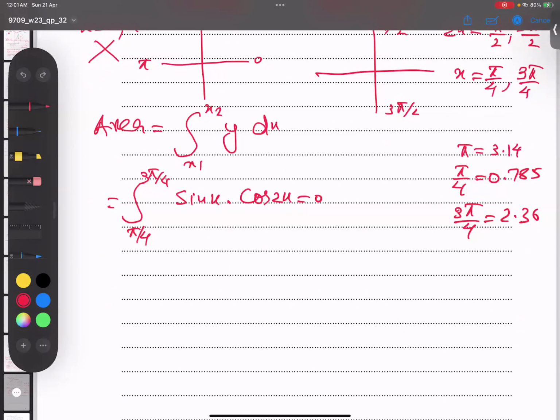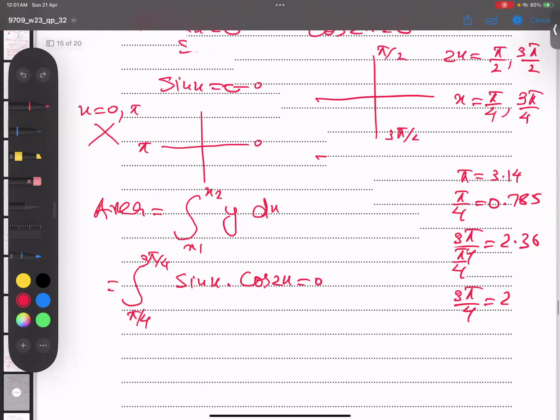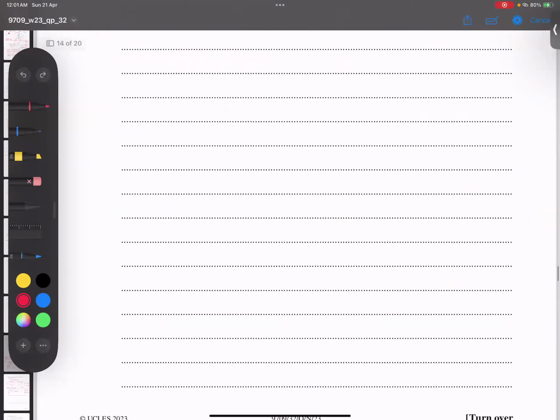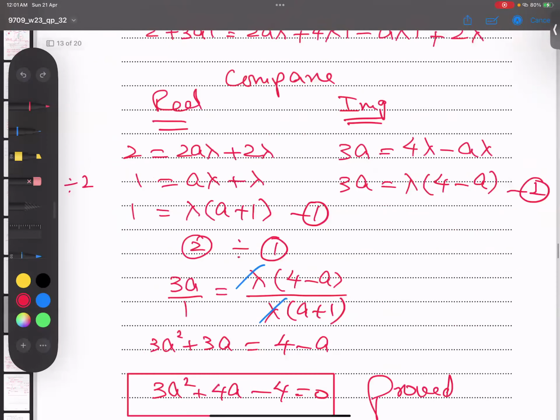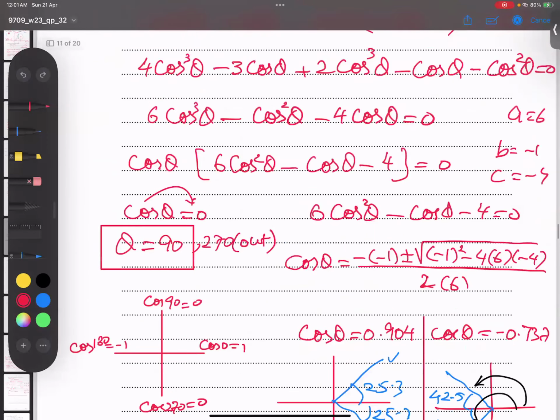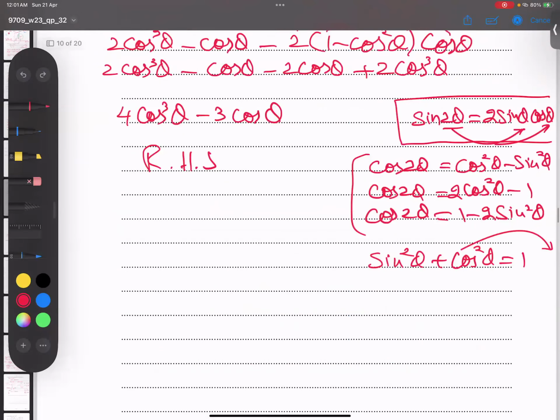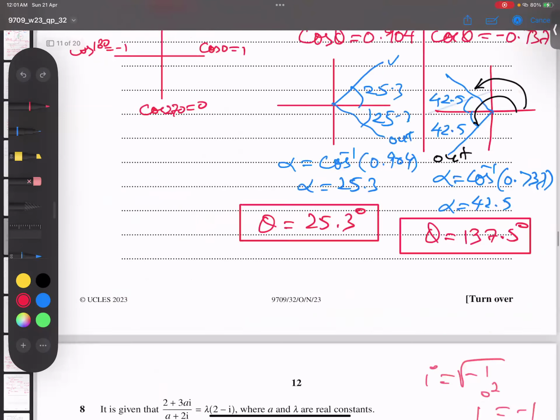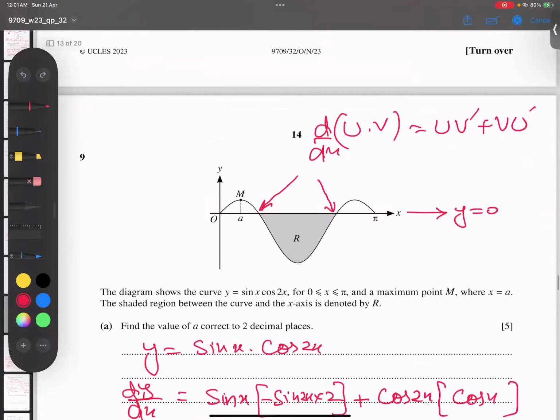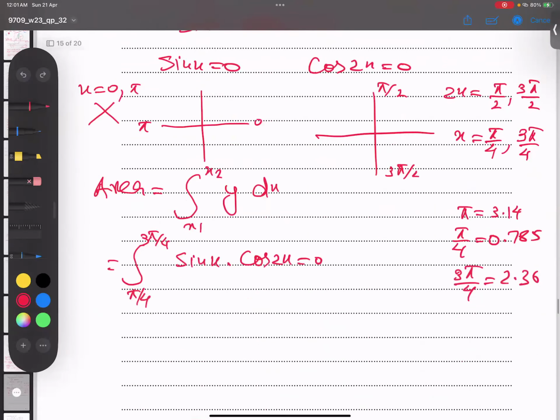Again, you know that for the cos double formula, we have 3 formulas. I go back and show you the 3 formulas. Which one will I use? Because we have a sine available as well, I will use the third one: 1 minus 2 sine square.